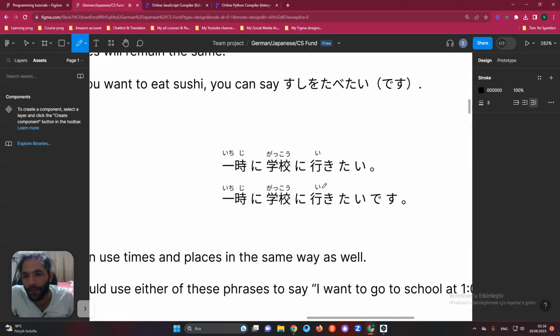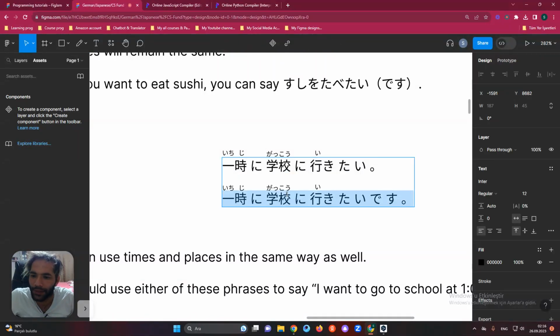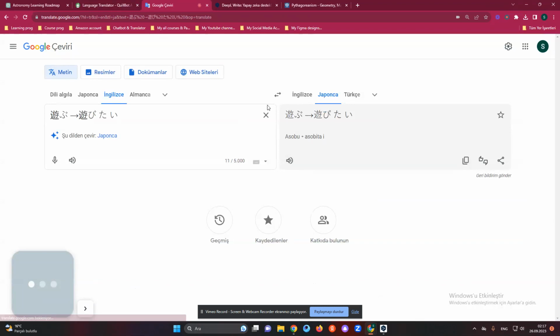I will check it. Ikitai. It's saying I want to go to school at 1 o'clock. And the second one is also I want to go to school at 1 o'clock, but it is more polite. Let me check this. I really want to be sure about it. Let's do that together.